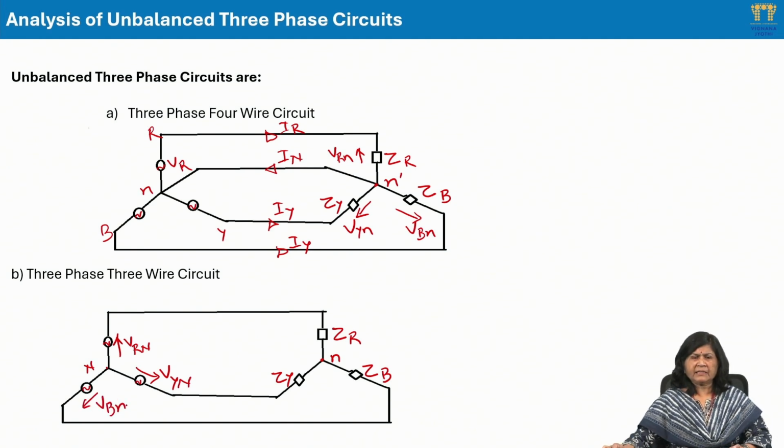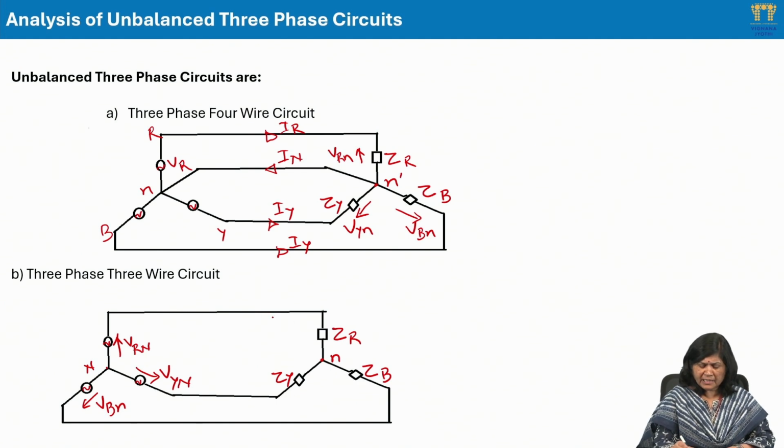So in a three-phase three-wire circuit, the neutral of the supply and the neutral of the load will not be at the same potential. So I cannot take the privilege I had earlier, like taking the voltages as VRN, VYN, VBN across the loads ZR, ZY and ZB, because they will not be the same phase voltages.